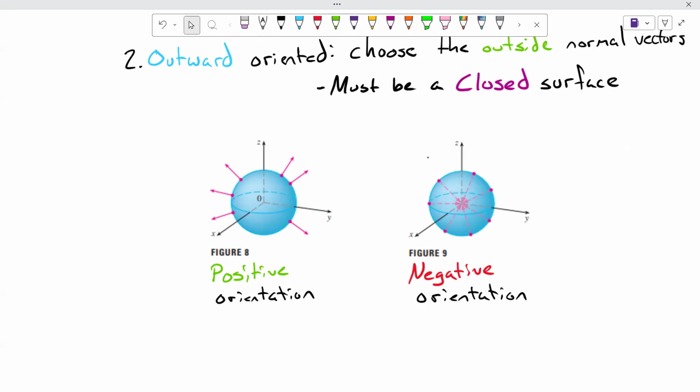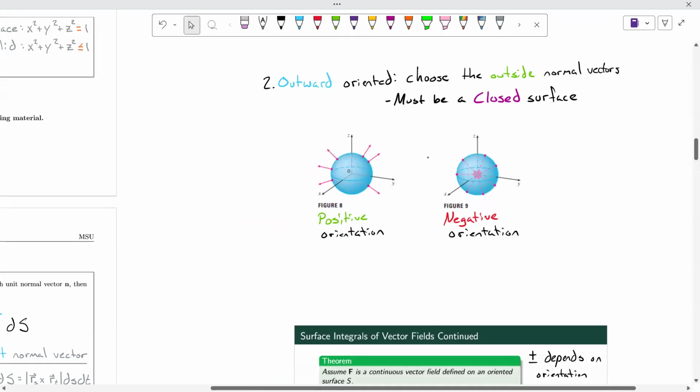That's the unifying idea behind picking that orientation. Every normal vector points out, or every normal vector points in. For a sphere, they get the sort of special circumstance where all of its inward pointing normal vectors point directly at the origin. And I suppose all of its outward pointing normal vectors point away from the origin. Yeah, but I digress. Cool.